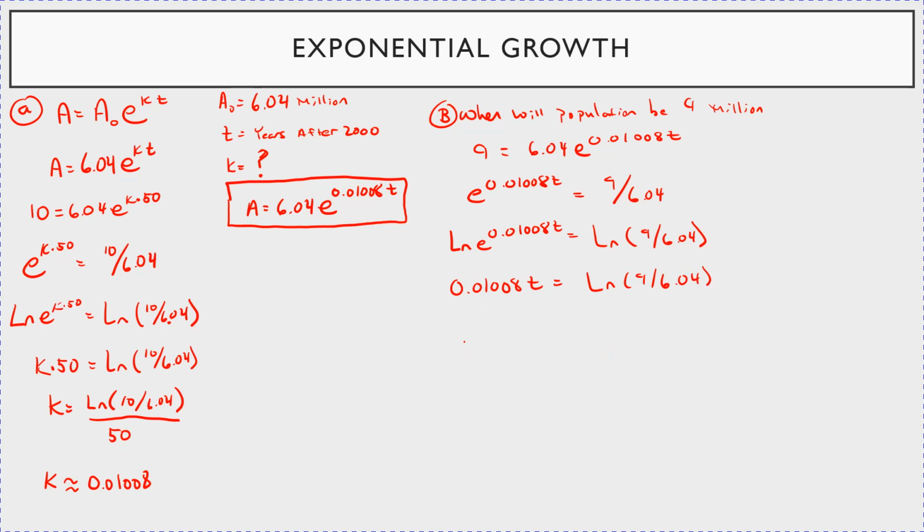And so you can just see when you divide this over, t, the year, will be the natural log of 9 divided by 6.04, all divided by 0.01008. And let's see what year that is.